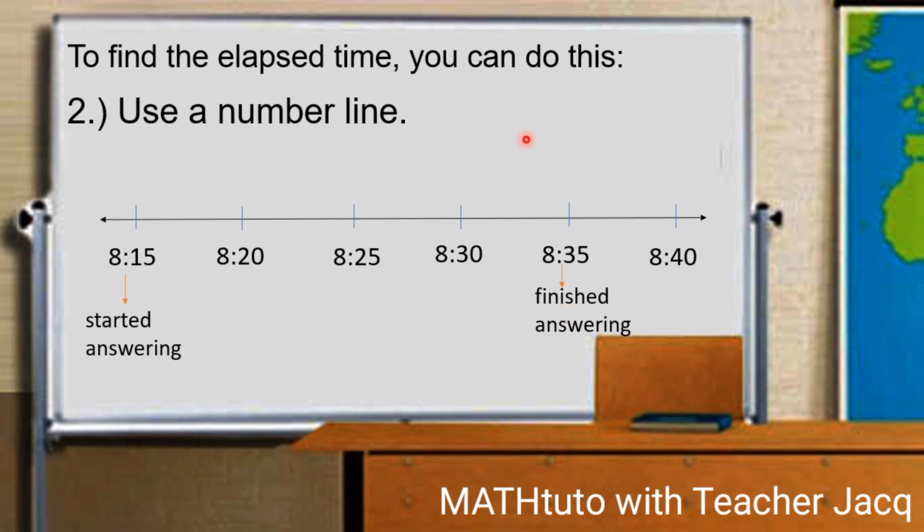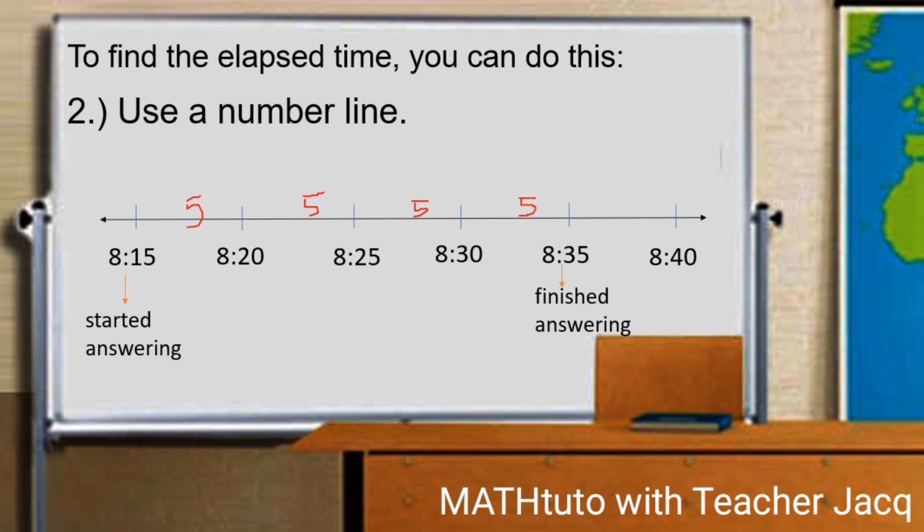Okay, para makuha natin yung answer, bibilangin natin itong nasa number line. So, 8:15 to 8:20 is 5 minutes. Okay, so let us write 5. And then, 8:20 to 8:25, another 5. Next, 8:25 to 8:30, another 5. And 8:30 to 8:35, another 5 minutes.